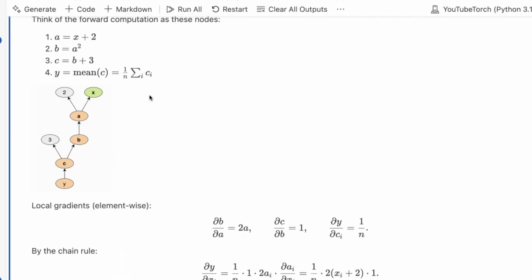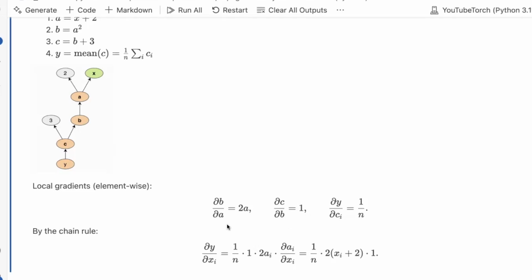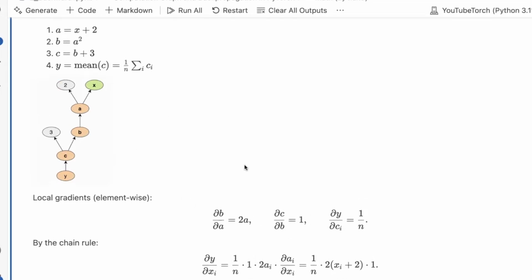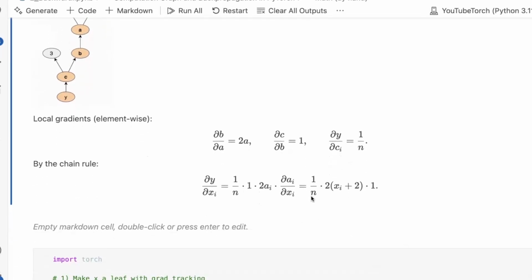So that's the goal here, to go from complex operations to basic operations. And now obviously if you use the chain rule, then you're going to multiply these partial derivatives of y with respect to ci, and then c with respect to b, b with respect to a, and that way you can also go from a to x, and this will give you the same formula that we had before, 2 over n times (x + 2).